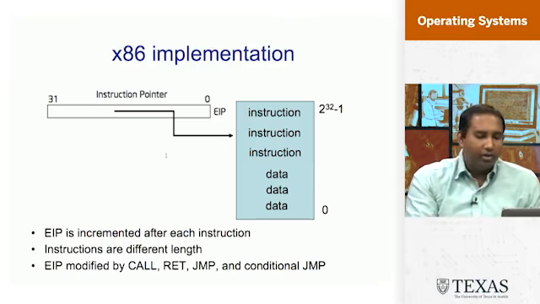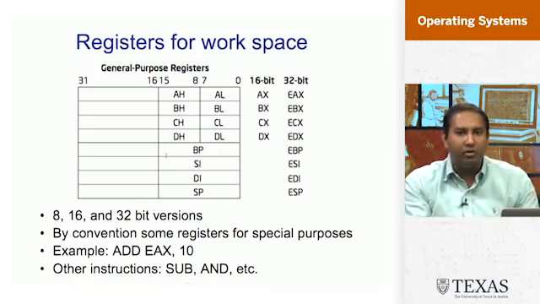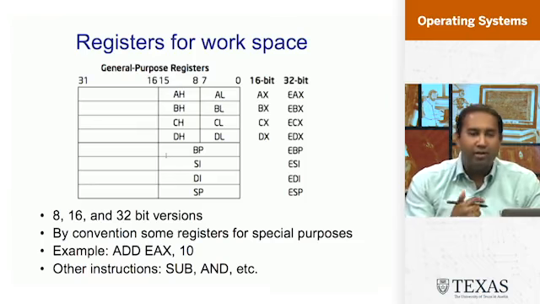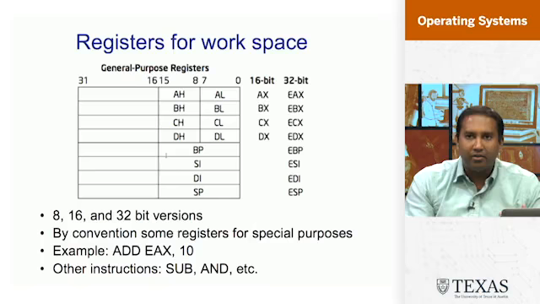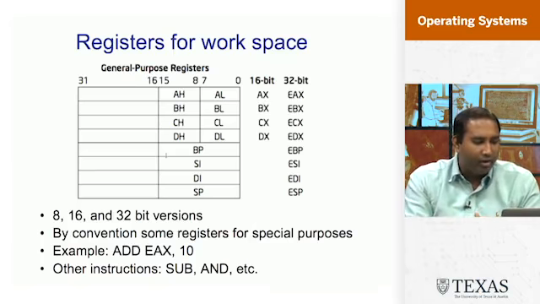Okay, as I mentioned, your registers are really your fast, high-speed memory addresses that you can use while you're writing your program. The way to think about them is like a very fast workspace. You have a few registers where reading and writing is really, really fast. But you have a very small set of them, so you have to be careful in how you use them.